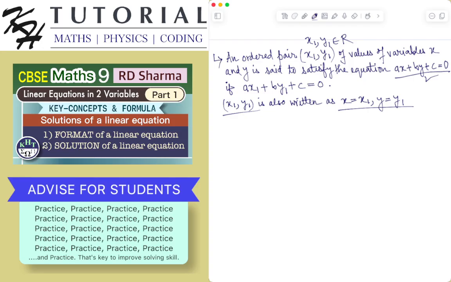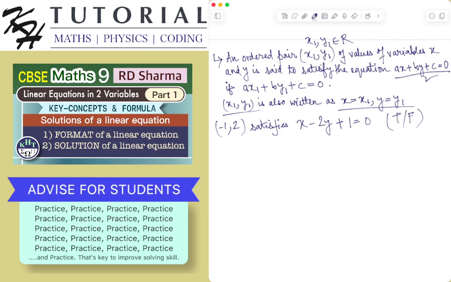Now, can we say that the ordered pair minus 1 comma 2 satisfies the linear equation x minus 2y plus 1 equals 0, true or false?